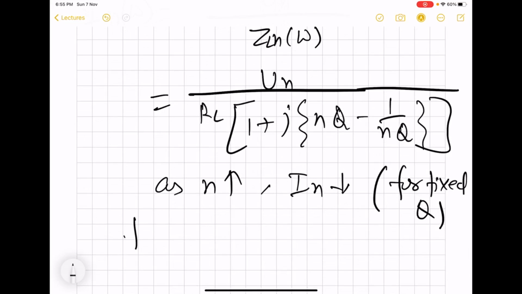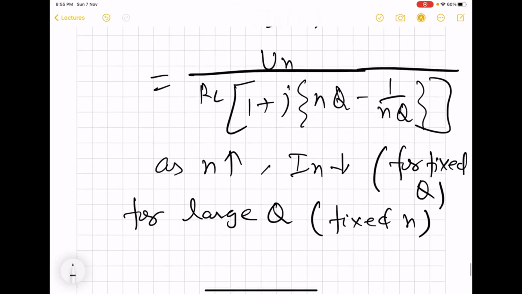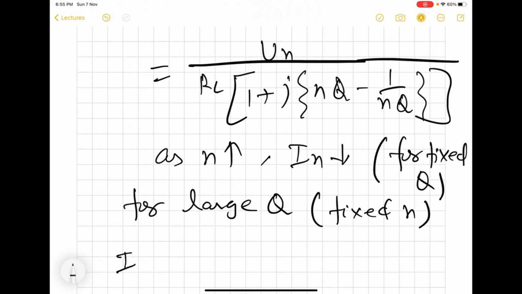However, for large Q, and now say you fix the harmonic, n is fixed, here also we see that as Q goes up, the In comes down for any fixed value of n.